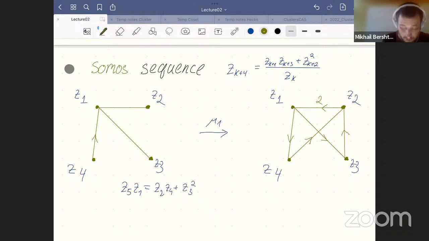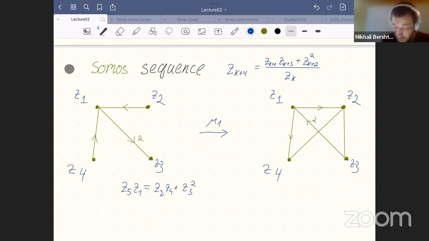So it means that here arrows should go like this, and here should be 2. Okay, let me change everything. Then after mutation, here should be like this, here like this, and here should be 2.